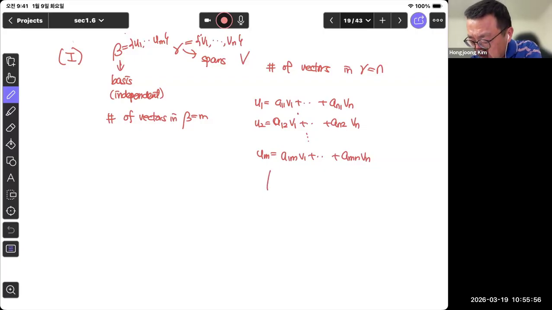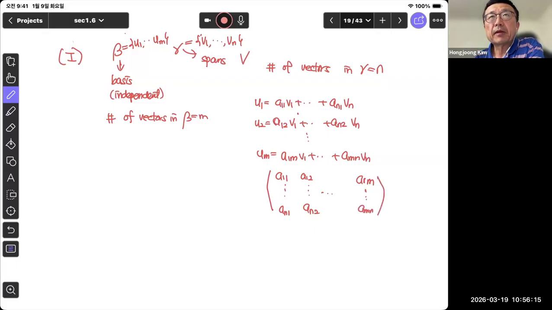So if I define a matrix with those numbers, this is the matrix with these mn numbers, and I know that beta is a basis, meaning u1 up to um must be linearly independent.